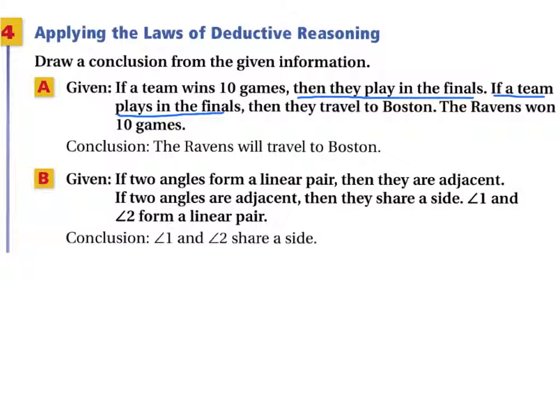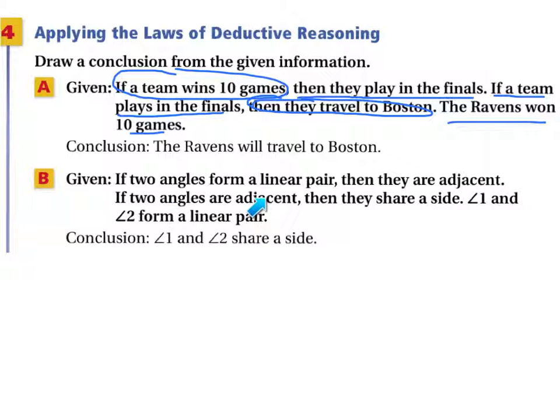Therefore, we can state our conclusion: if a team wins 10 games, then they will travel to Boston. Because it says right here, the Ravens won 10 games, so our conclusion would be the Ravens would travel to Boston.